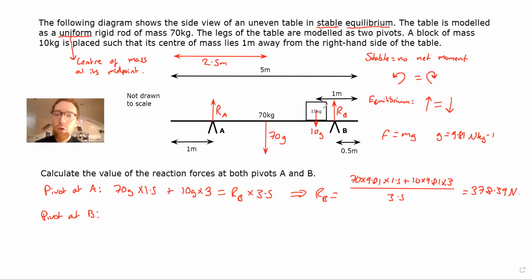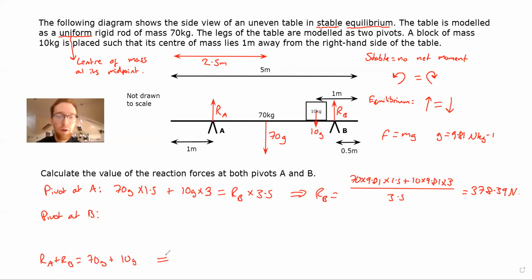Since we now know what RB is equal to, and we know that these two should be equal and opposite to these two, so RB plus RA, we should be able to figure out RA straight up. So we'll try this at the bottom just to see if they match. So RA plus RB should be equal and opposite to 70G plus 10G. Let's have a look and see if they work.